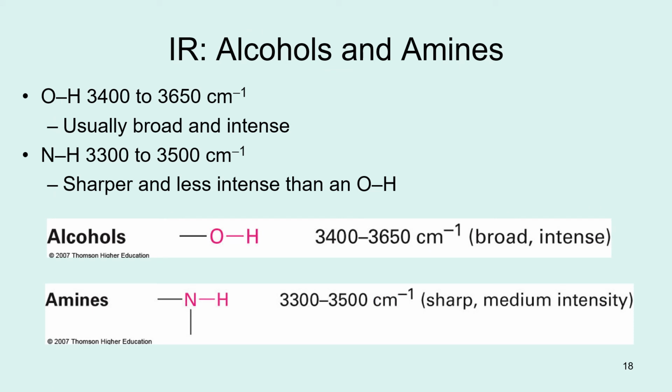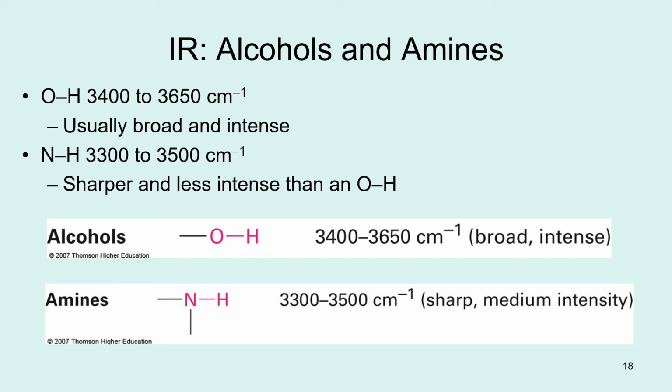Alcohols and amines give very distinctive absorptions on the spectrum. The OH tends to be very broad and intense, meaning it comes down really far, and it tends to be up here. It's one of the highest wave numbers that we'll get, somewhere around 3400 to 3600, and we'll see on the next slide what it looks like. So it's broad and intense.